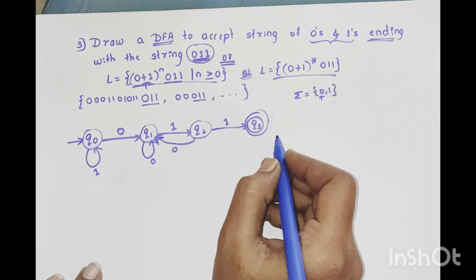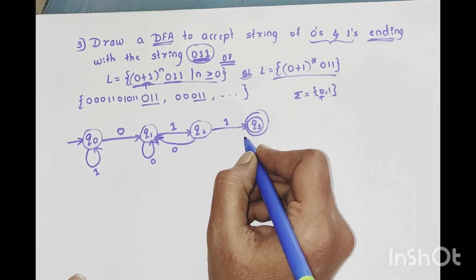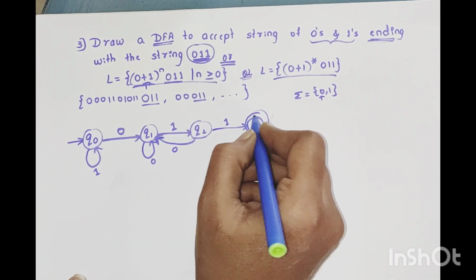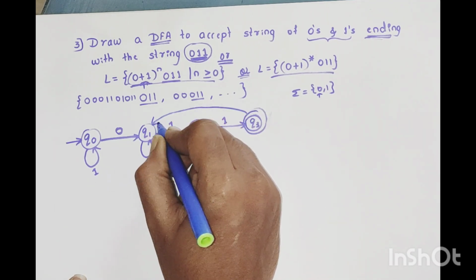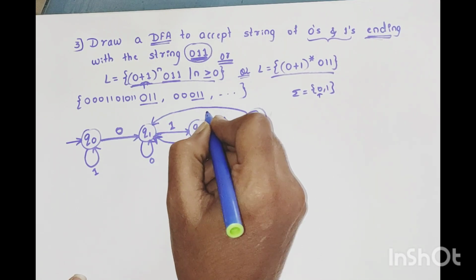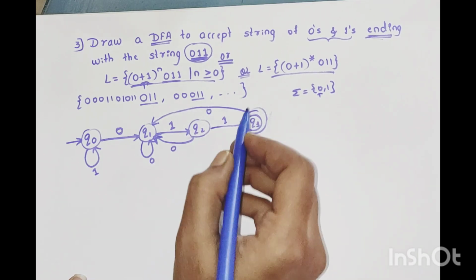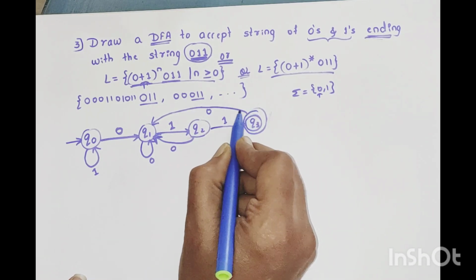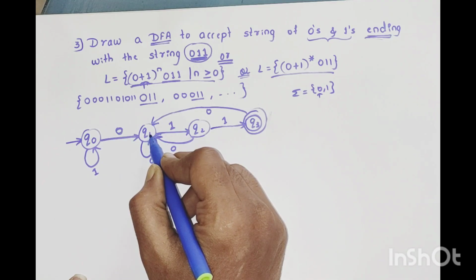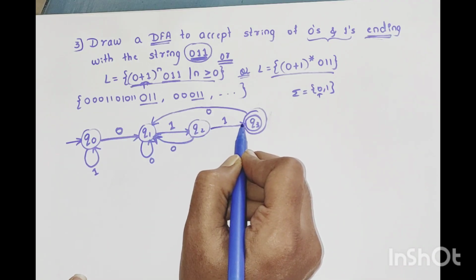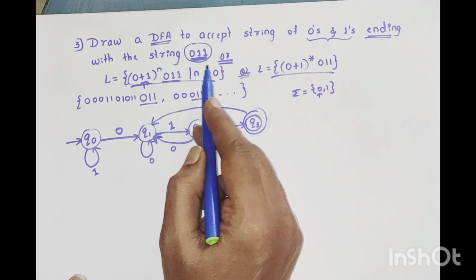So therefore I will move the 0 transition from this Q3 to this Q1 only. Why? Because if the machine gets back with this 0 to this Q1, then again the machine will further continue with this 1 1.